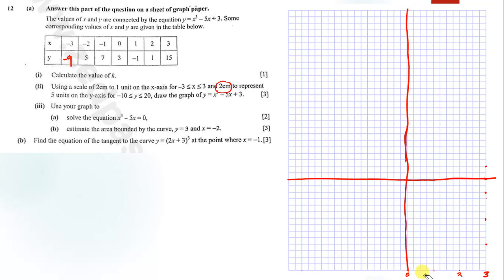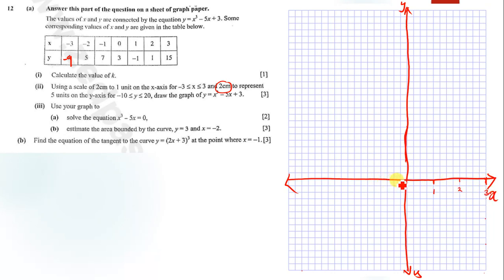Okay, so now I can put in my numbers. It's very simple to do this. So you have x, then you have y. This is my center, this is where my 0 is. Then going this side, we have 4 boxes representing 1, 2, then my 3 will be there.